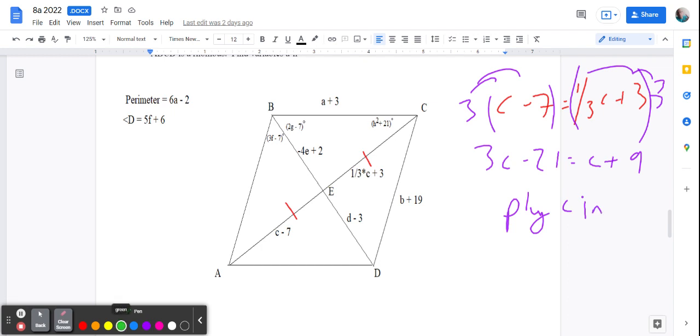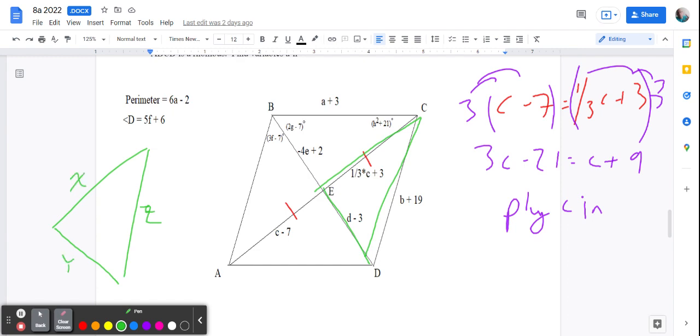Now what's going to happen is to find d, we're going to use this triangle right here, and we have to use the Pythagorean Theorem. So this is the hypotenuse. I'm going to call the hypotenuse z. I just don't want to get confused here. So let's call the hypotenuse z, call this y, and call this leg x.